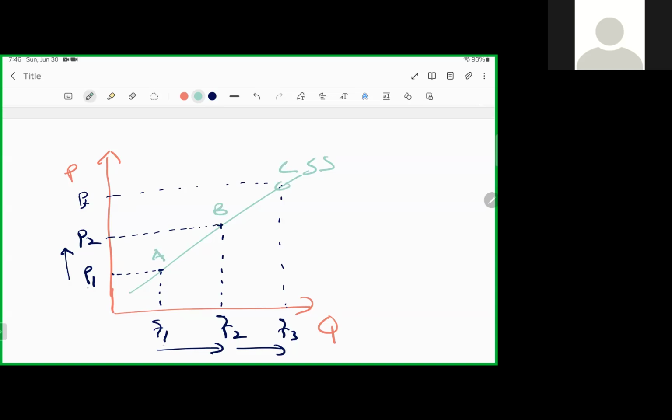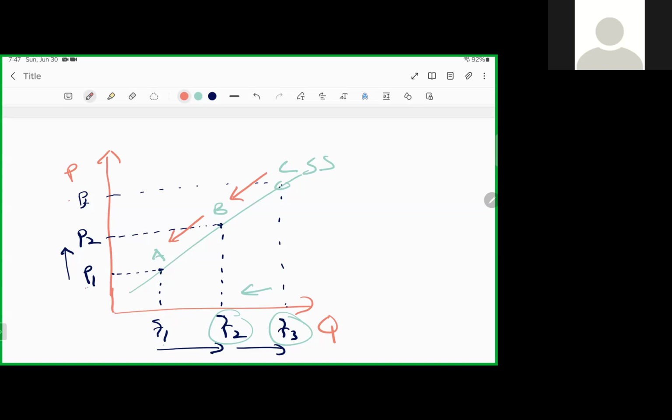Now let's say all of a sudden there is a decrease in price. Suppliers will no longer supply Q3. They will reduce the supply to Q2 because price has fallen, so we move from C to B. If price decreases again, we move from B to A. Now let's say something has happened and there is an increase in price from P1 to P3.